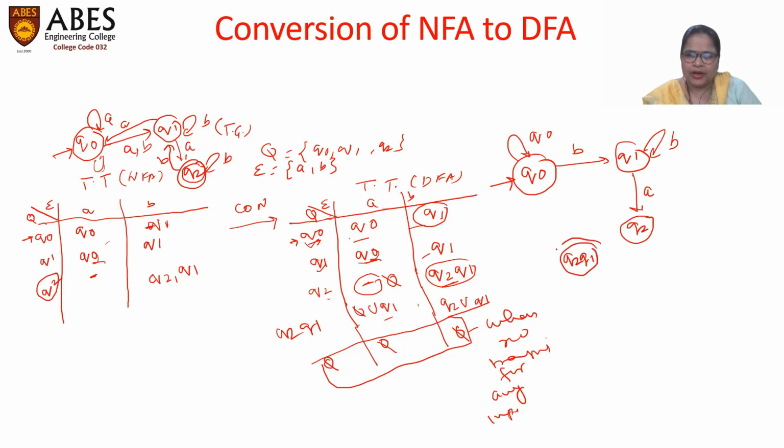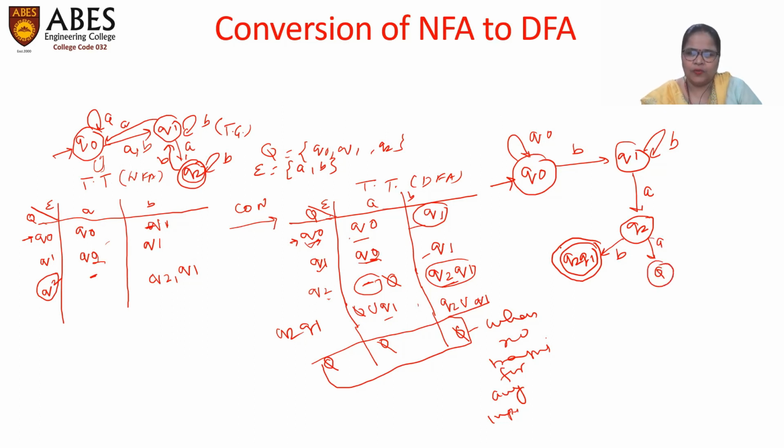Q2 and Q1 are merged, and it becomes a final state, because Q1 is merged with Q2, and Q2 is our final state. So at Q2, for B, you are going to Q2, Q1, and for A, you are going to phi, right?